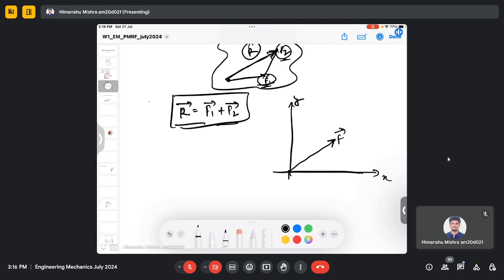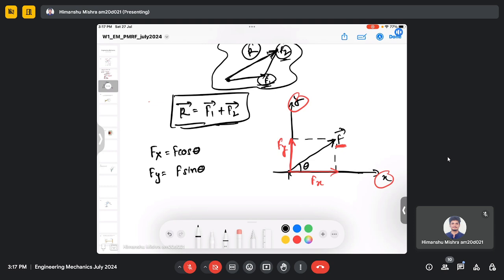Okay. Now I can define the components of this force along x and y. So the component of force along x will be Fx, and the component of this force along y will be Fy. If I define the angle theta here from the x-axis, then I can write my x component of force as F cos theta, and the y component of force will be F sin theta.